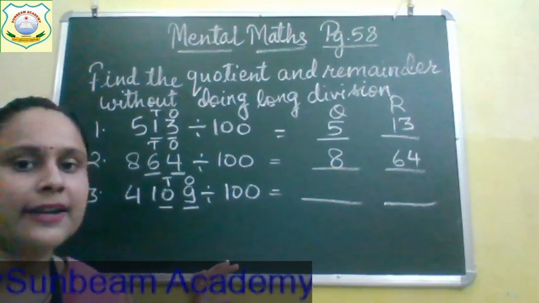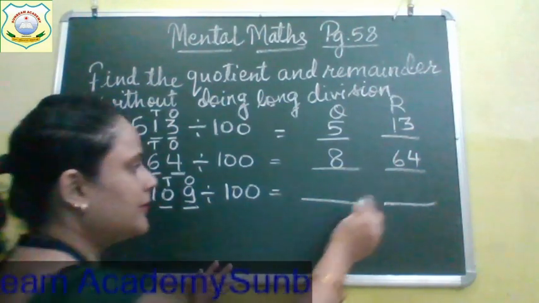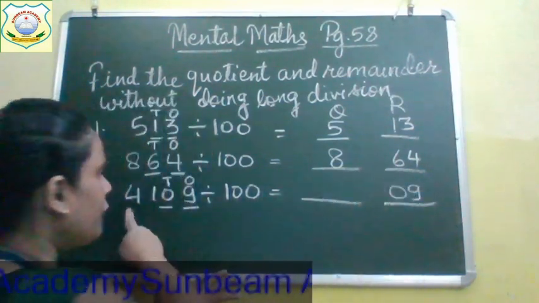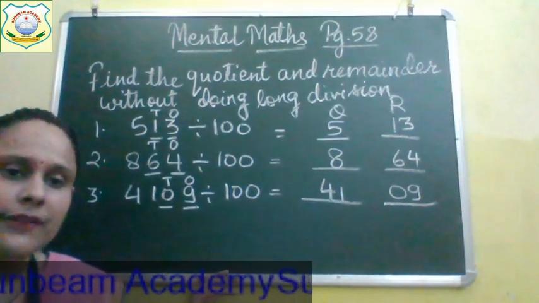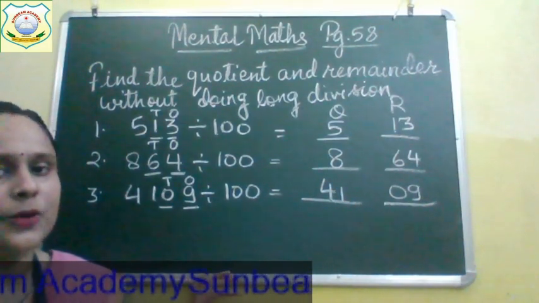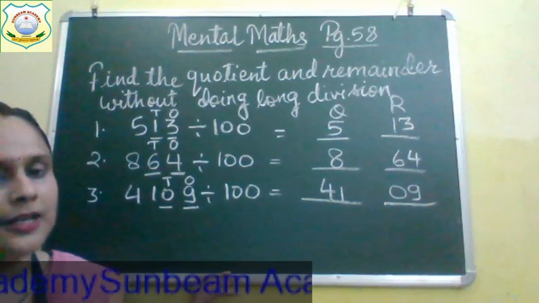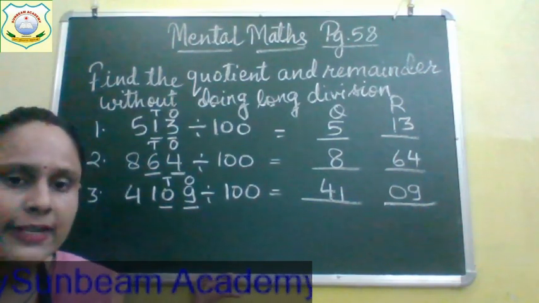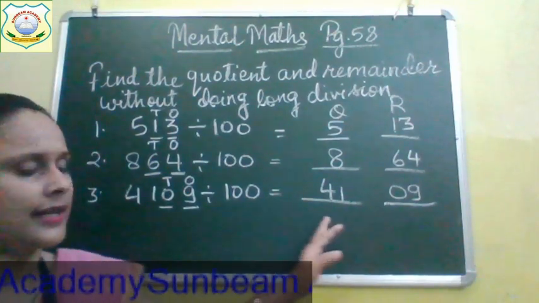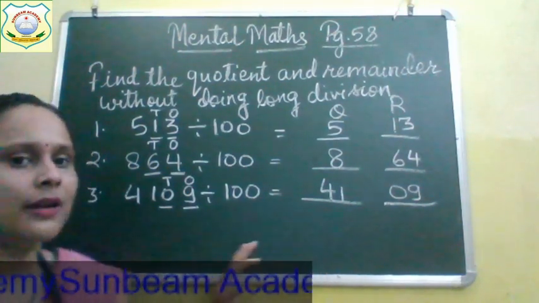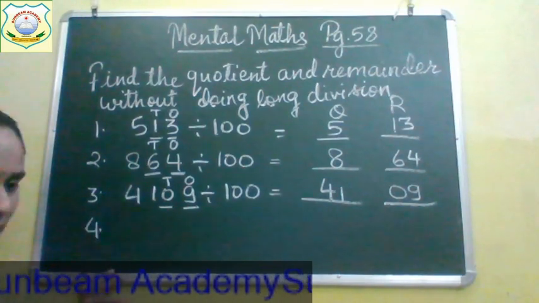So 0 and 9 will become the remainder and 41 will become the quotient. So the number in the tens and ones place will become the remainder and the remaining numbers will be written in the quotient column. Now see the next question, all of you.